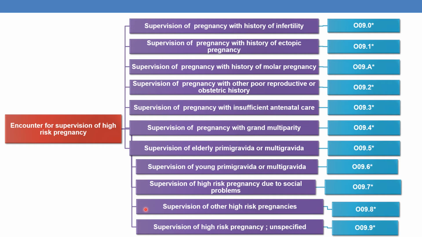The next is supervision of other high-risk pregnancies, given by the series O09.8. And finally, supervision of high-risk pregnancy, unspecified, given by the category O09.9. These are the various subcategories for the encounter for supervision of high-risk pregnancy.